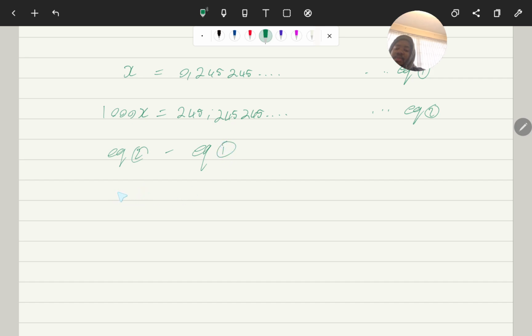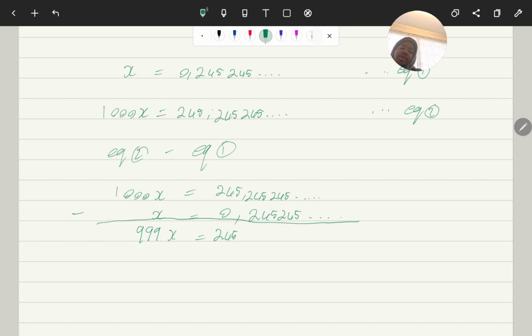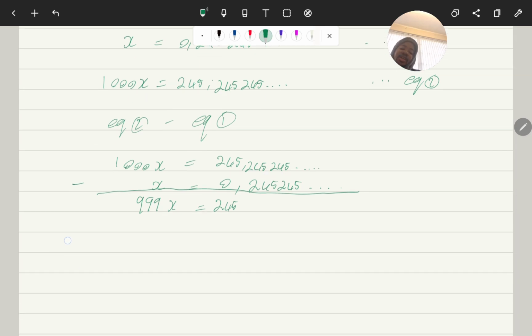Now we go again and we say equation 2 minus equation 1, right? That is 1000x equals 245.245 245 minus x equals 0.245 245, right. Once we have done this minus this, it's gonna be 999x equals, we're gonna have 245 minus 0, that is 245, and then 0.245 minus 0.245 is just 0.